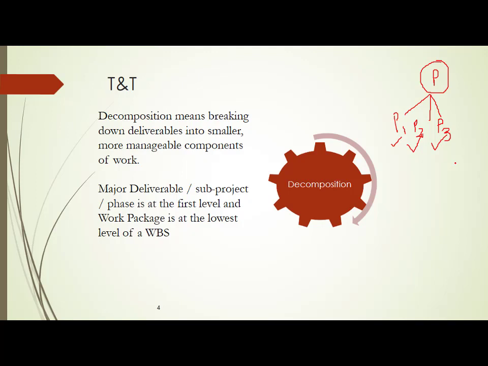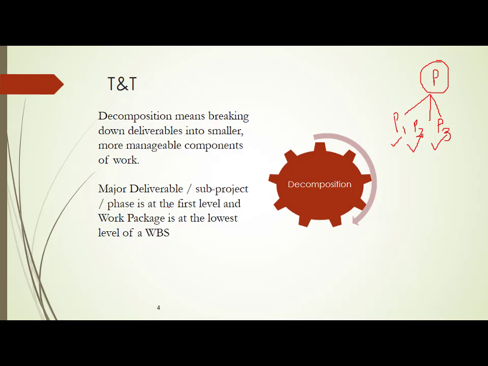Now what is the meaning of decomposition? You have a major deliverable. What is a major deliverable? The major deliverable is nothing but laying the foundation. But laying the foundation will have sub projects or phases. That is, leveling the ground as the first sub project, then digging is another sub project, then putting the iron underneath the ground, and then building with blocks of stone.